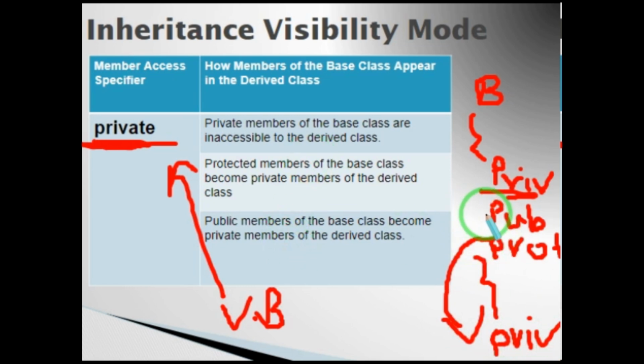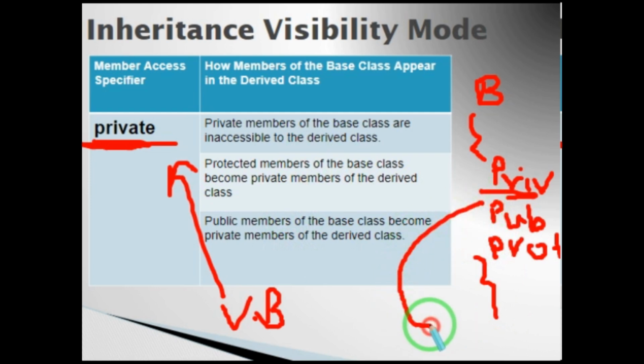Public data members also become the private members of the derived class. See this: private. Done?